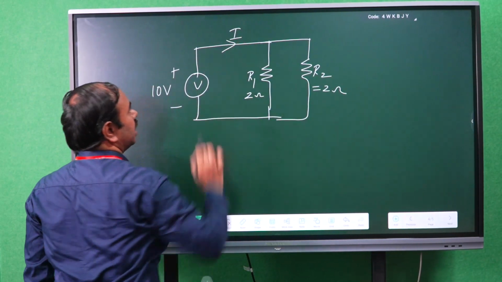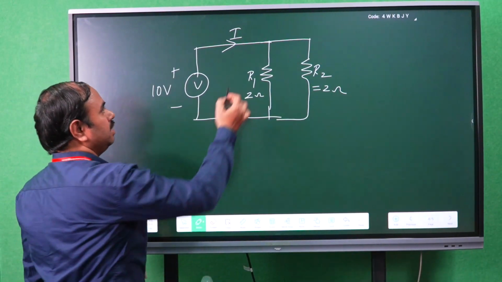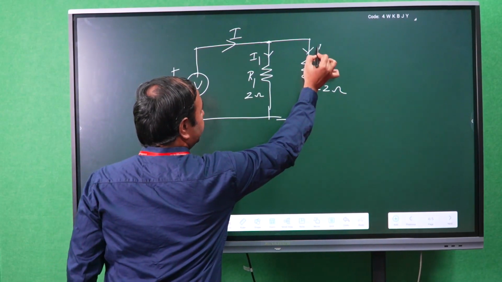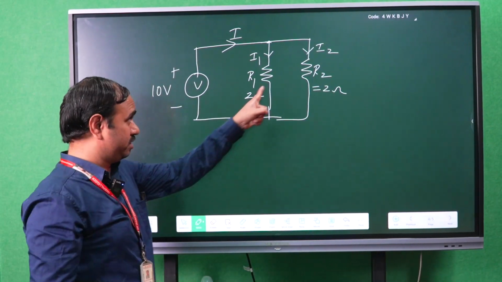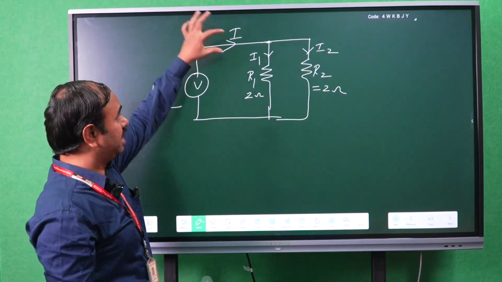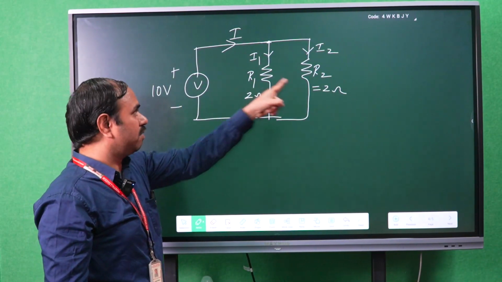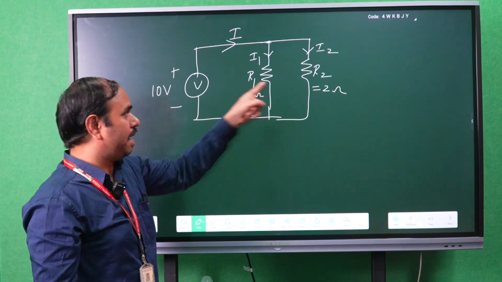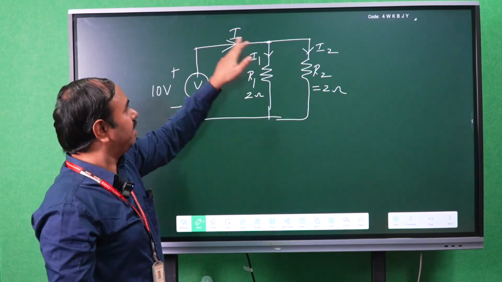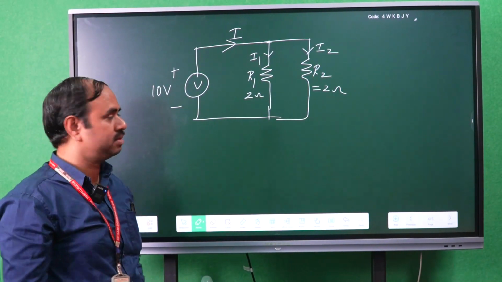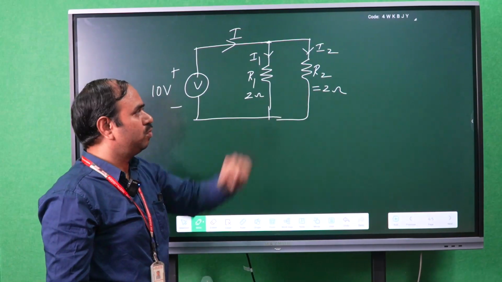This is the total current I. The total current I is dividing into I1 and I2. Why? Because these two resistors are connected in parallel. Therefore, the current will be divided and the voltage across R1 and R2 will be the same. Why? Because in a parallel circuit voltage will be the same, whereas current will be divided. So R1 value is 2, R2 value is 2.